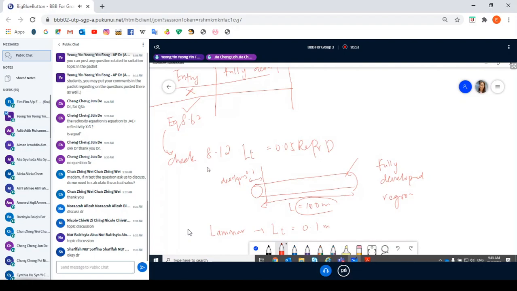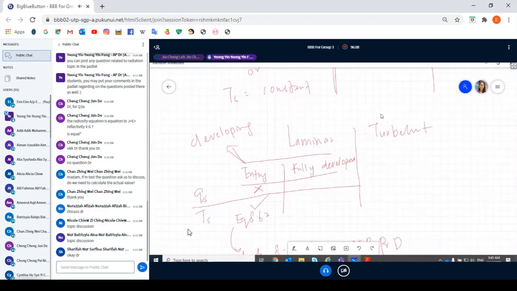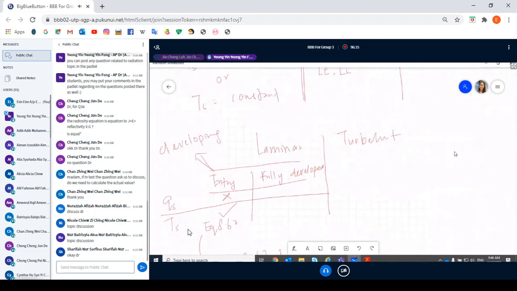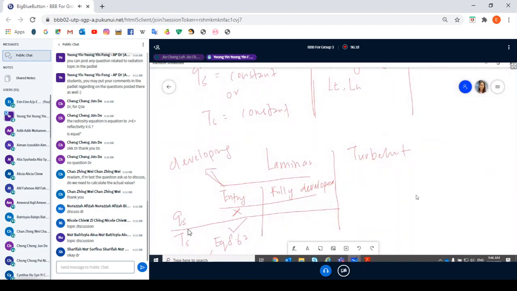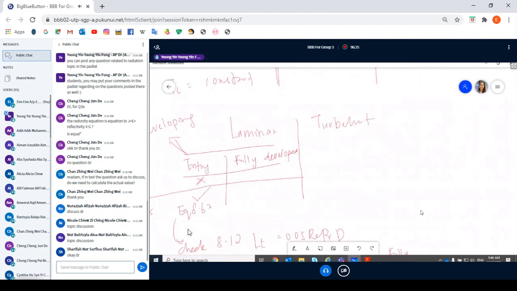Doctor, sorry for interrupting. Because the first step we are checking the entry length, right? Which equation should we use, LT equals 10D or 0.05 Re Pr D? For this one, you need to check whether it is QS constant or TS constant. Or you can calculate laminar or turbulent flow first; if you are not able to calculate this step, you need to check laminar or turbulent first.